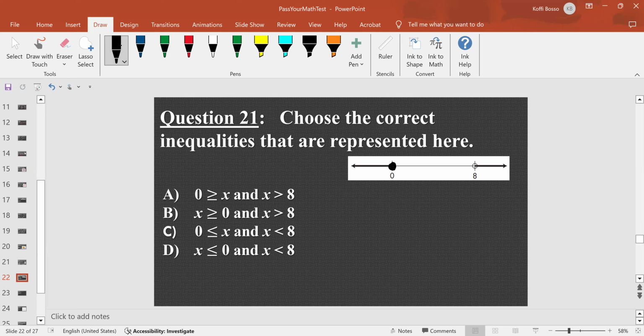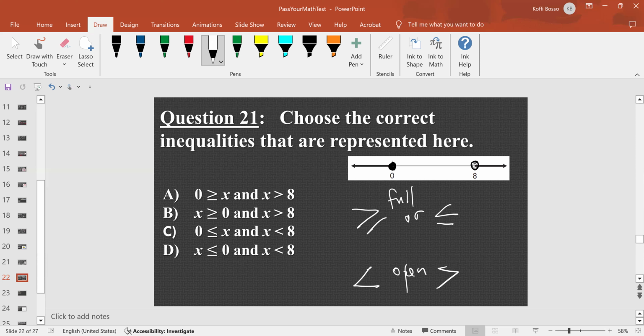But when they use an open circle at 8, that means the 8 is not included. When something is included, we use this or this. But when something is open, we use this or this. So, full or open.